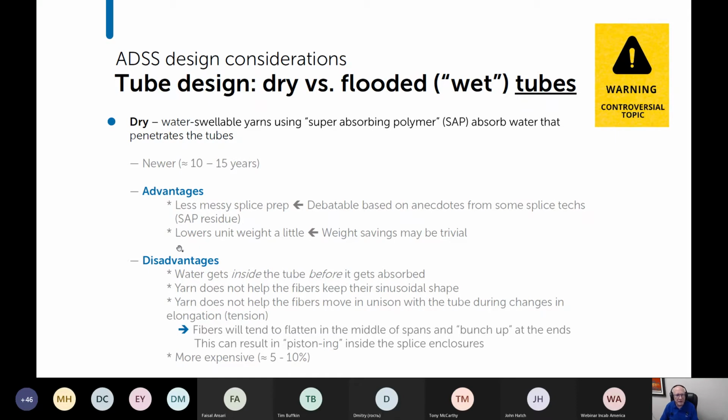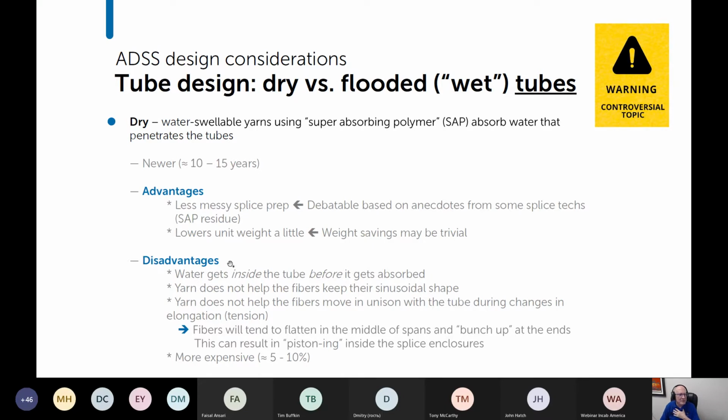The other claimed advantage is that it's lowering weight. And every time I've seen this, it's on the order of 10 pounds per 1,000 feet. So I think the weight savings may be trivial. Again, my bias blatantly coming out.